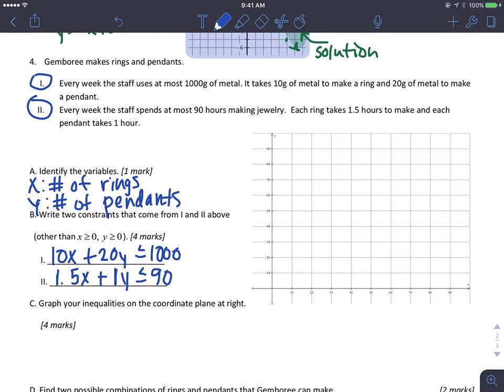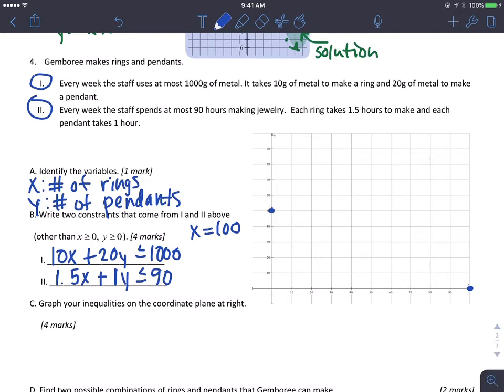All right, and then these are both actually okay, at least the first one. Let's do the first one using that cover-up method again. So x equals 100, which is at the very end of our graph. y equals, I believe, let me check this, 50. 1,000 divided by 20, yep, is 50.